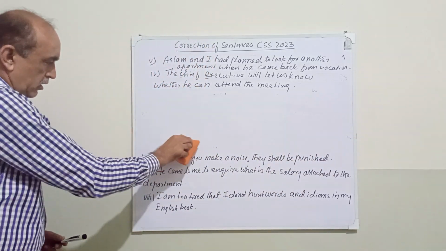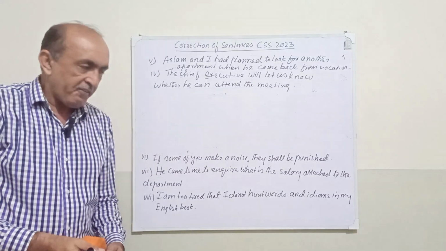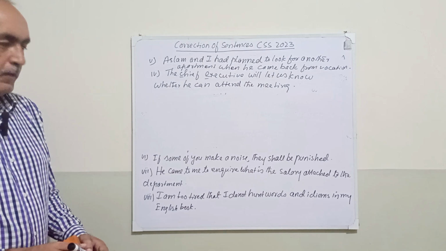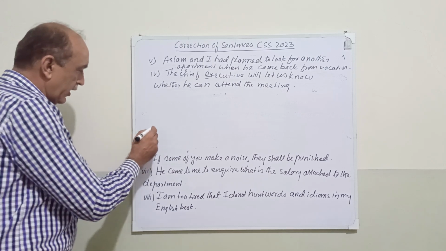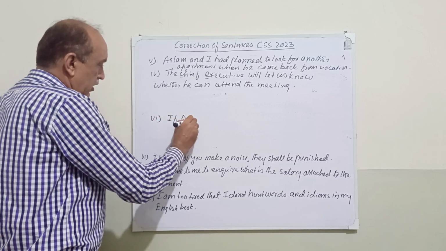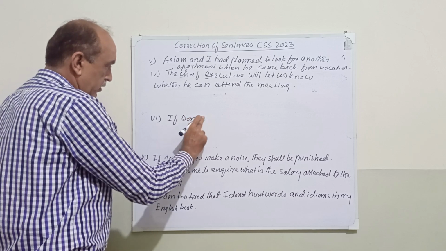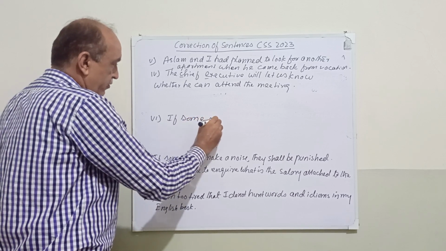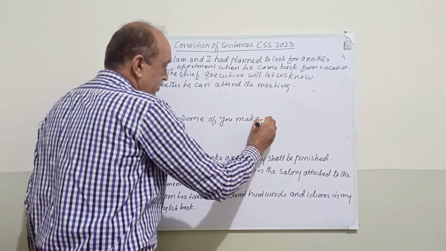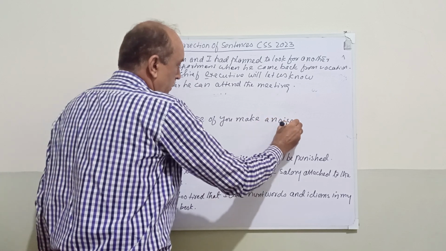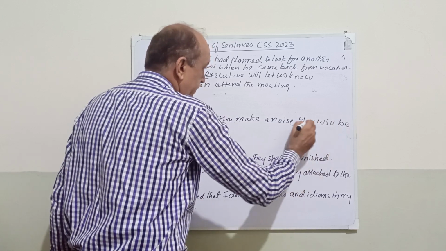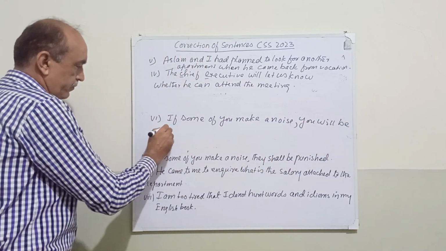Now we come to another one, number 6. If some of you make a noise, they shall be punished. Now here you can look at it. If some of you make a noise, you will be punished.